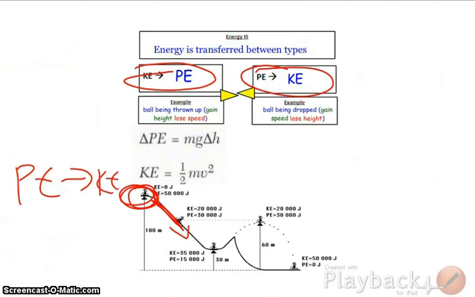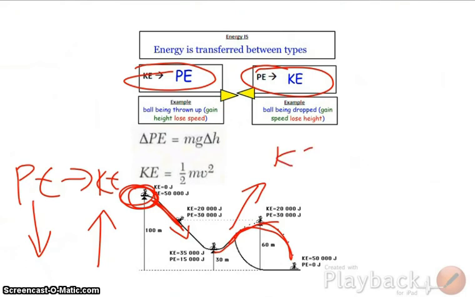Your potential energy goes down, your kinetic energy goes up, potential became kinetic. When you reach this point here, you started traveling up. Well, as you started traveling up, your kinetic energy went down. You slow down as you go up, right? If you throw something in the air, it slows down.